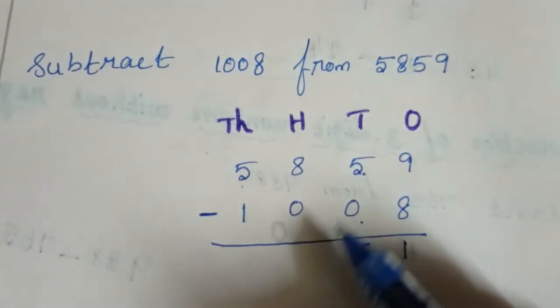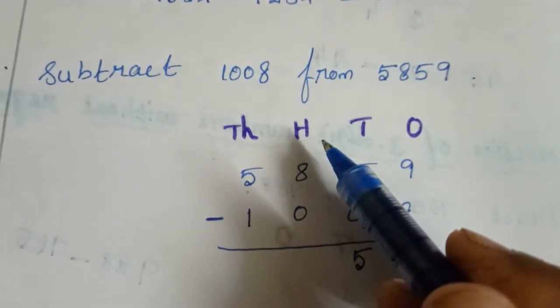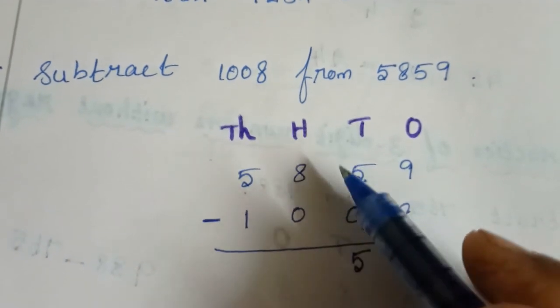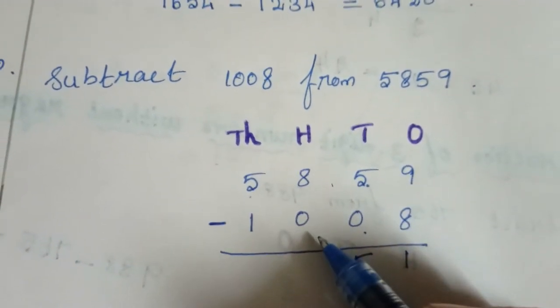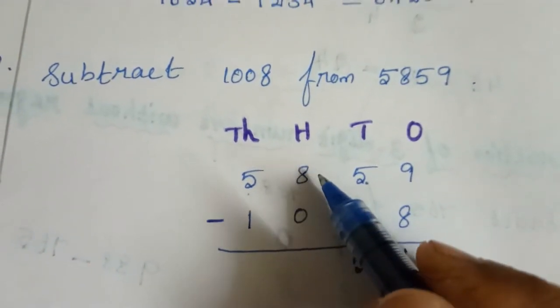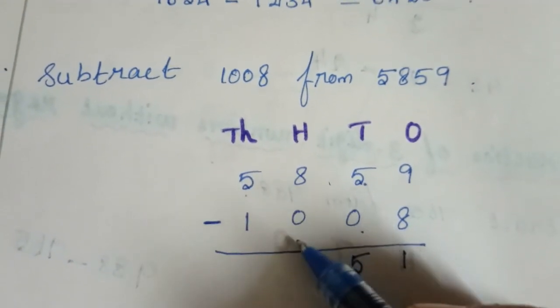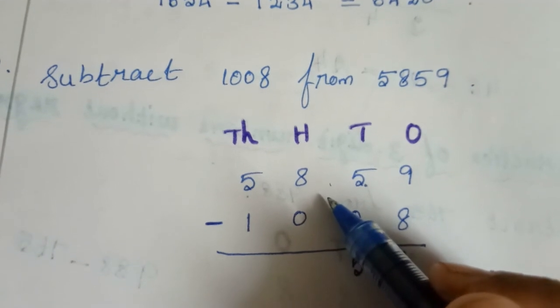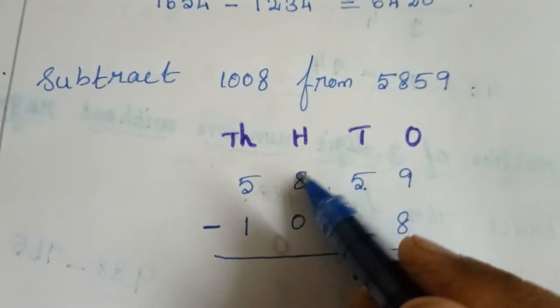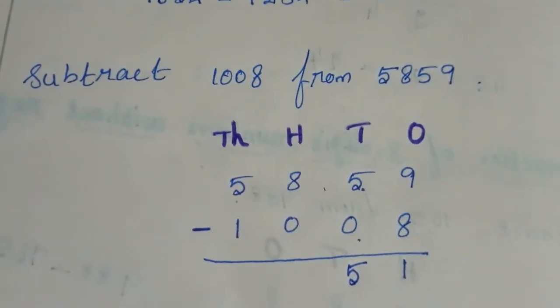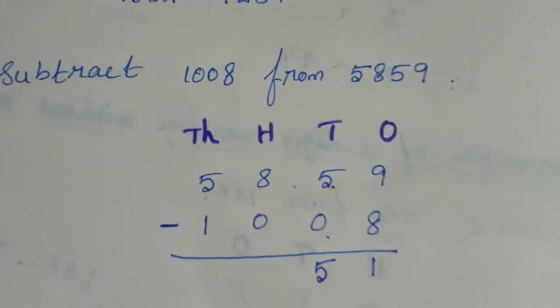And subtract the values in the hundreds place. 8 minus 0. Okay, so if you add or subtract 0 to any number, the value is that number itself. Okay children, so please remember this.